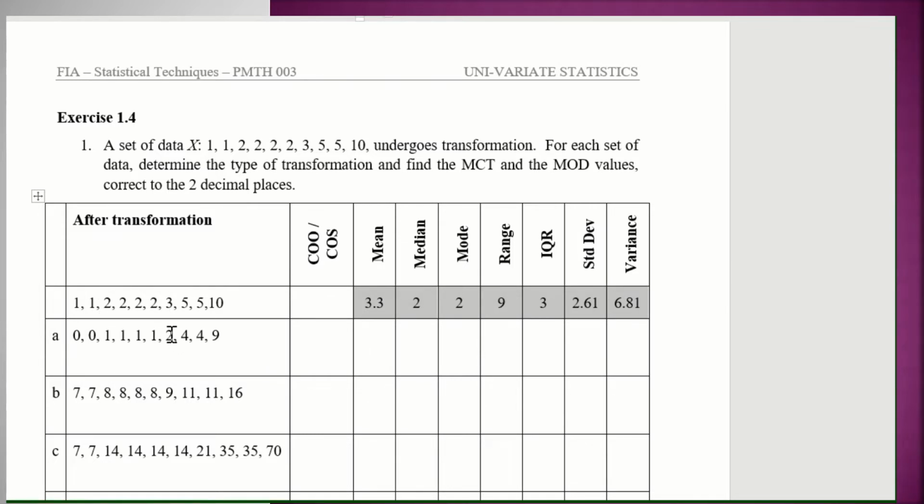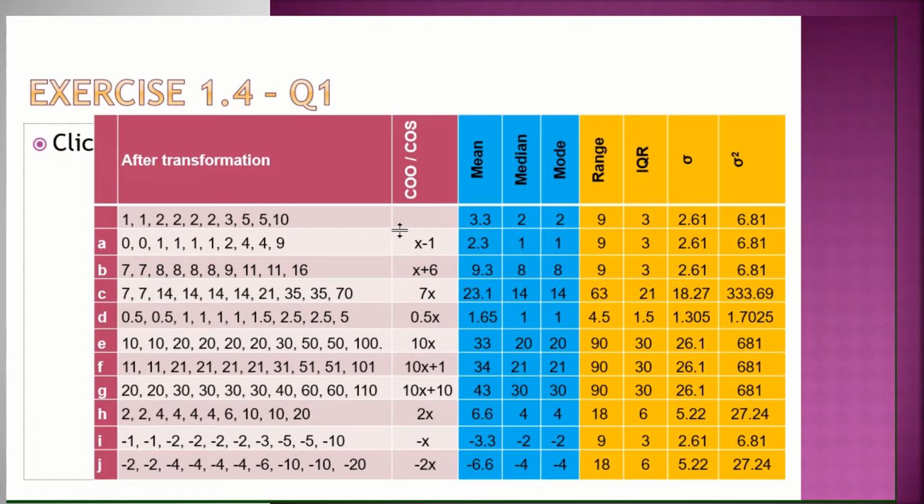What is happening? Your data is reduced by 1. What kind of transformation is this? X minus 1. That means your original data minus 1. What will happen? Mean, median, mode minus 1. Range, if you minus or plus, no change, isn't it? Can you see? These are all minus and plus, no change. Okay?